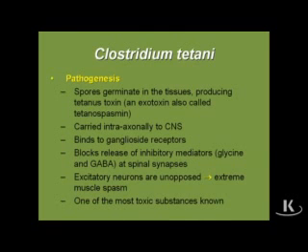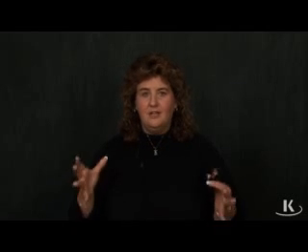So you wind up with your excitatory neurons completely unopposed, which gives you those very painful and extreme muscle spasms. This is an extremely toxic substance. In fact, the toxin that you could fit on, let's say, the head of a pin could probably be responsible for massive death in a large city.